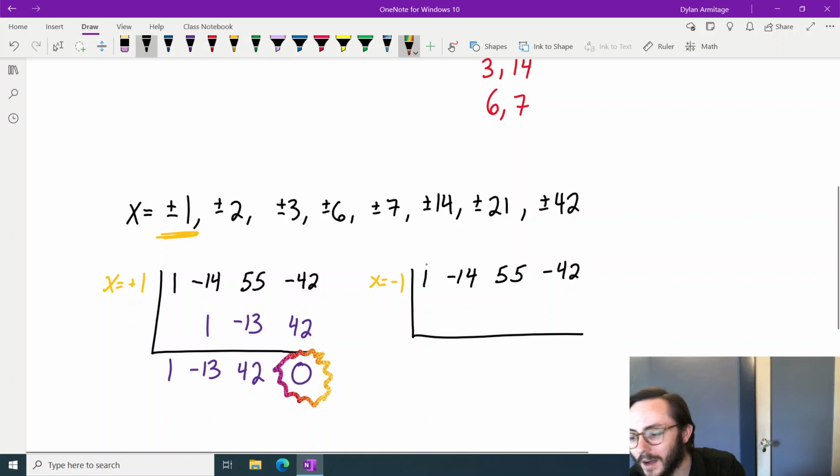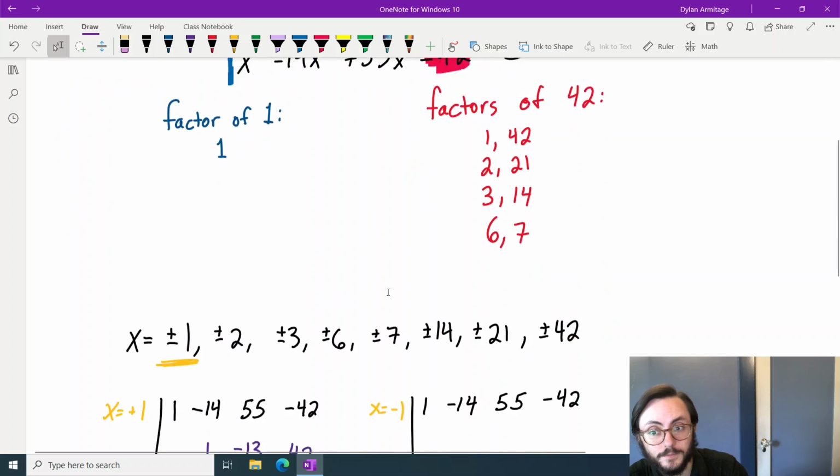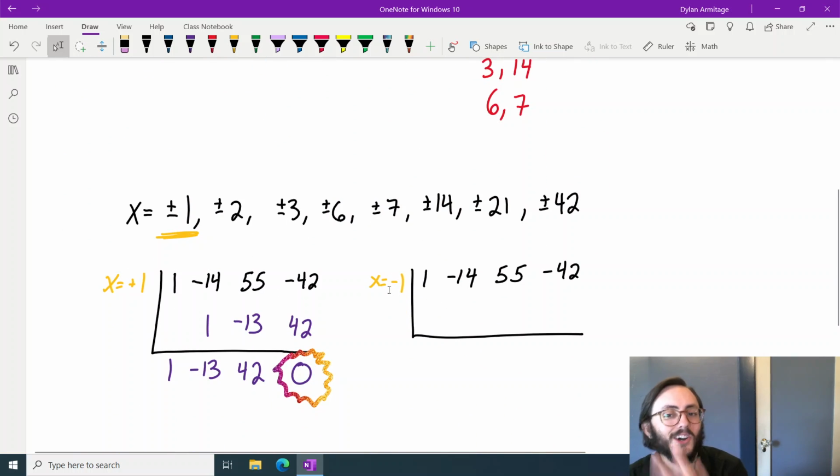So we can take that positive 1, go back up to the top here. So the zeros are 1. Okay, there's one of them. Now let's find the others. We could go down this whole list and do synthetic division for every single value here. But why would we want to?